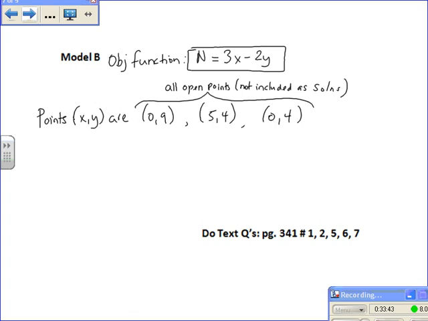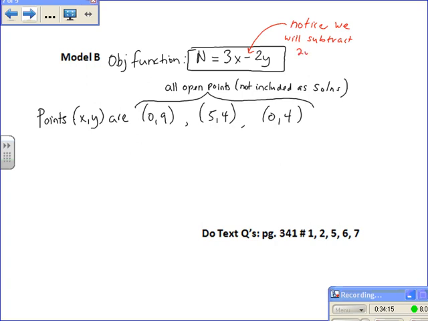You could eyeball your objective function and ask which of these points would give the greatest value for n, and which would give the least value for n. Notice that y here is being subtracted, so when we plug these values in, we subtract 2y.